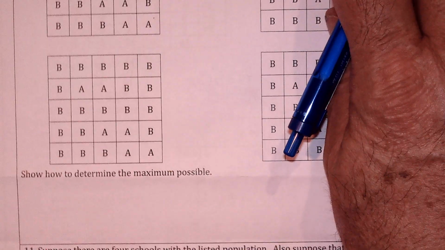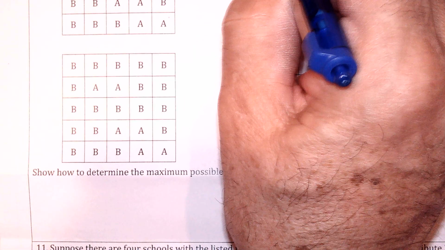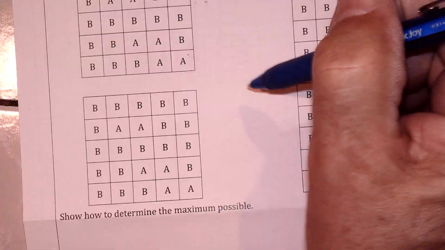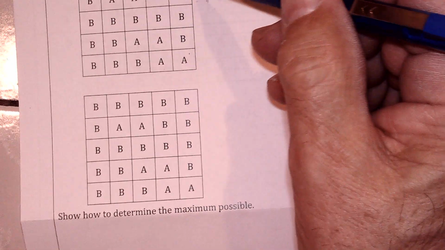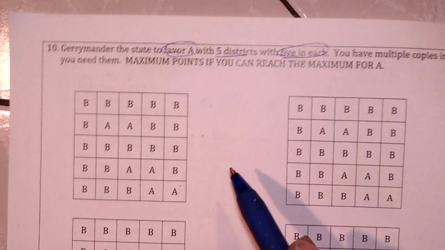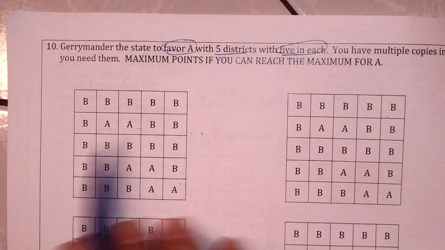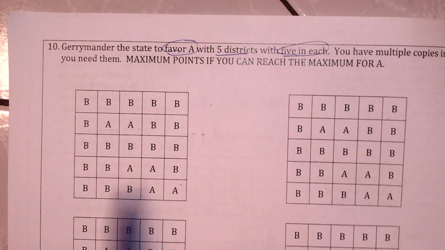All right. We want to favor A, 5 districts, 5 in each. So that's 25. Got to break them up in 5 each and get favor A. Well, let's see, how many A's are there? 1, 2, 3, 4, 5, 6.